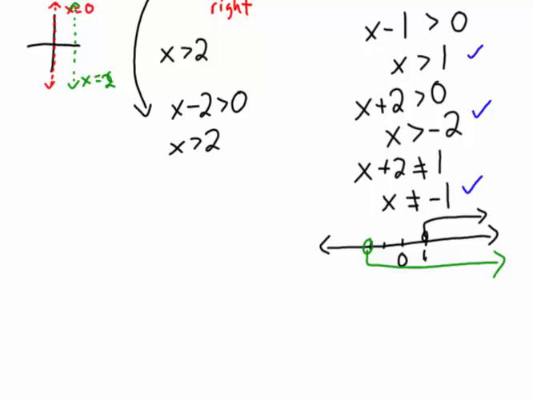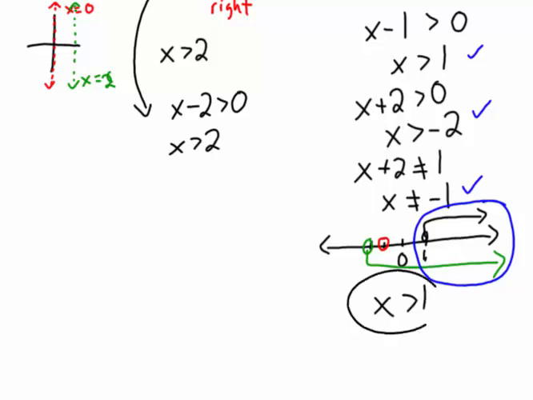Our third criteria tells us x cannot equal negative 1, which is this point. And when we have multiple restrictions on our domain, the domain is where all of the criteria are met. In this case, all of the criteria are met in that region. And if that's the case, then our restriction is x must always be greater than 1.